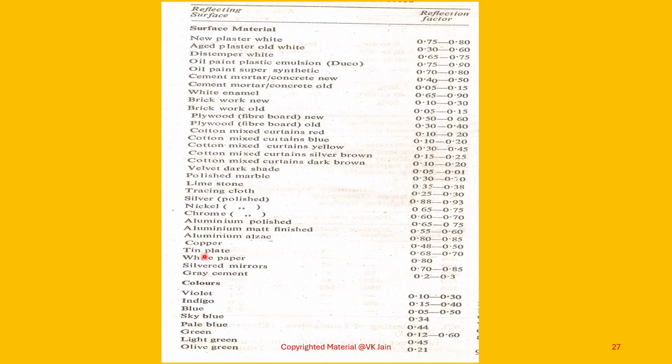Then comes the white paper, which has got a good reflectance, 0.8. Gray cement has very poor reflectance value, 0.2 to 0.3.